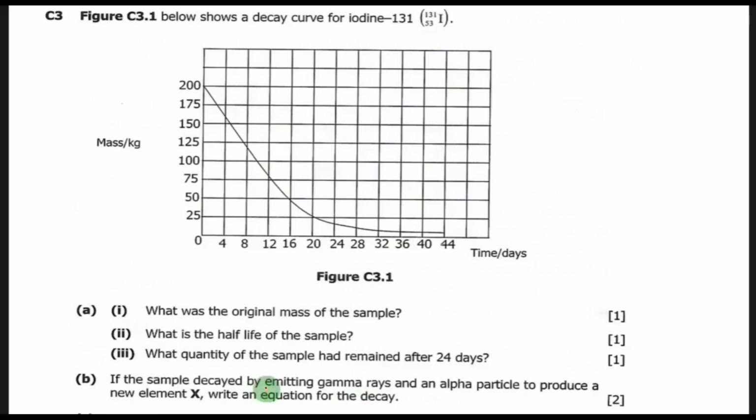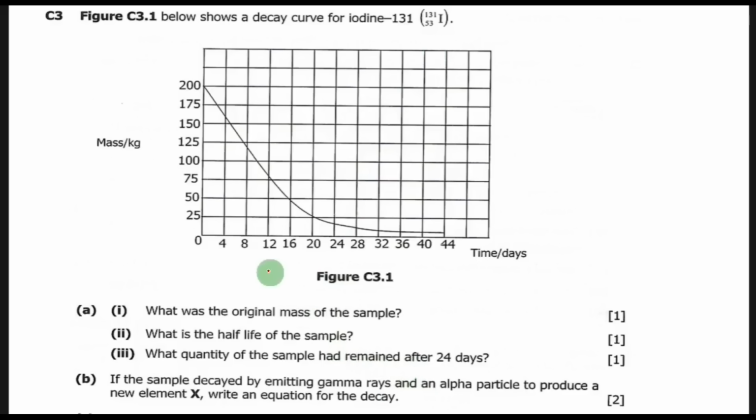It still remains iodine, but its energy levels just decrease. But if it emits alpha, then its mass number must decrease. This mass number 131 must decrease by 4. Then this atomic number must decrease by 2, because it emits an alpha particle, which is a helium nucleus, which consists of 2 protons and 2 neutrons. So that's what it is.